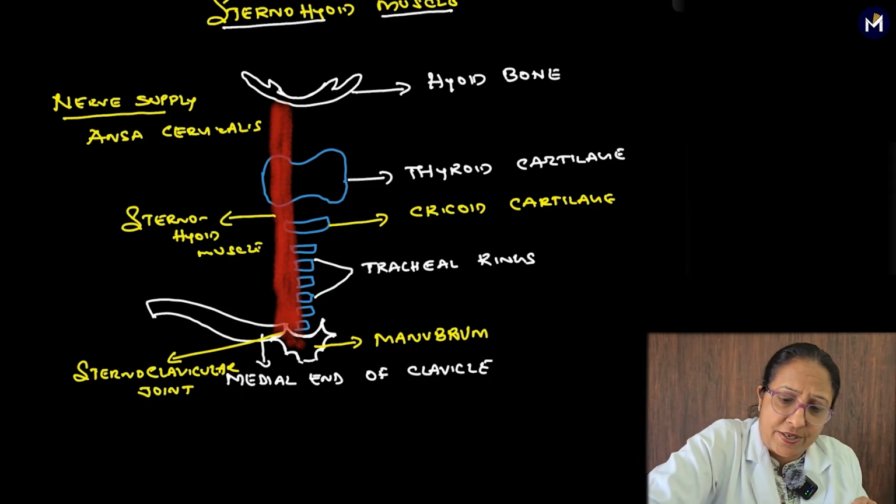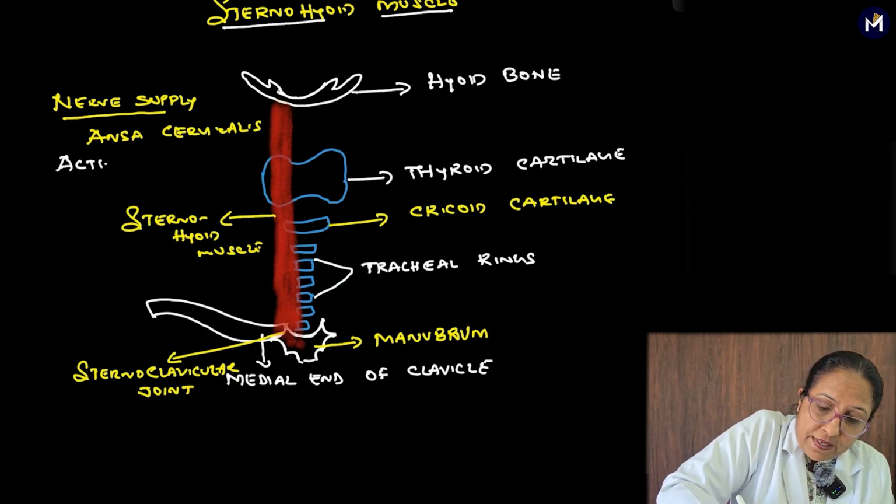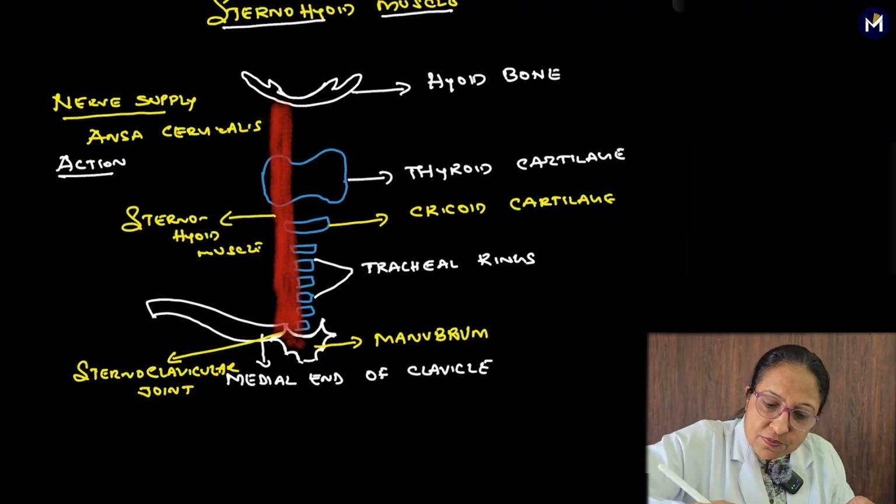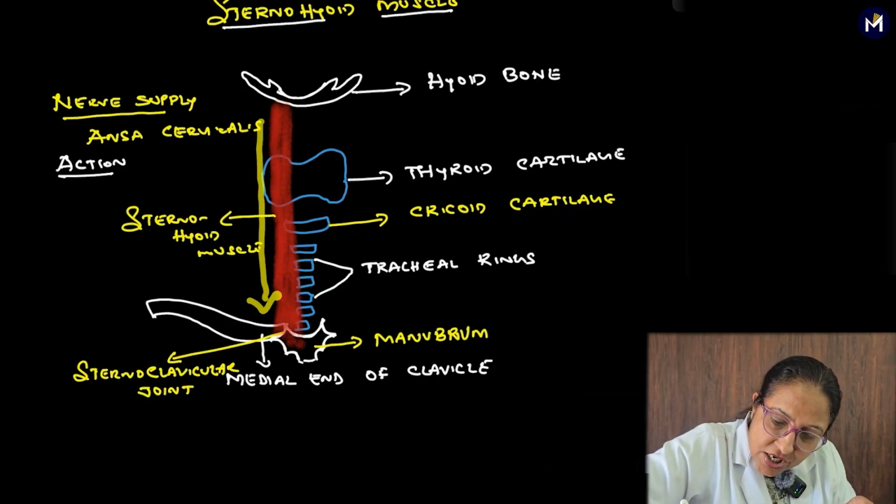What is the action of this muscle, sternohyoid? If you don't remember the action, always remember the action is a pull towards its origin. So this muscle contracts towards its origin, which means it pulls the hyoid bone downwards after it has been elevated during swallowing.